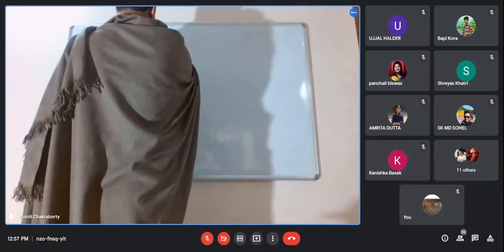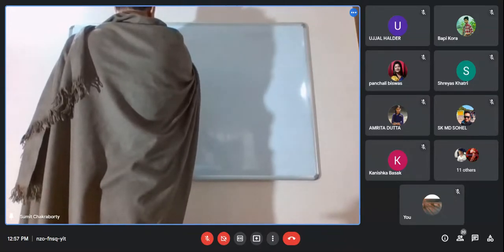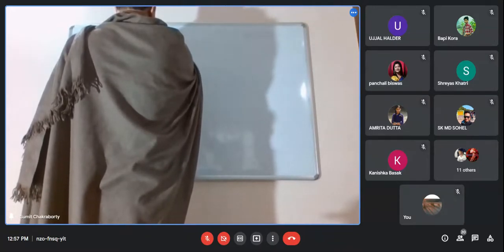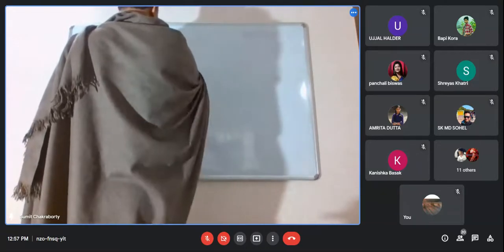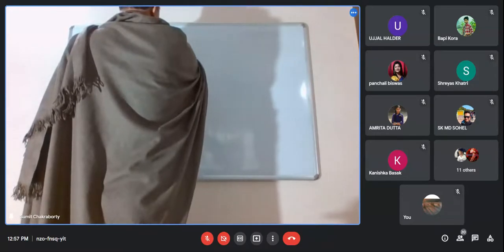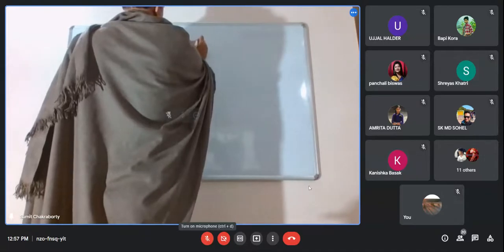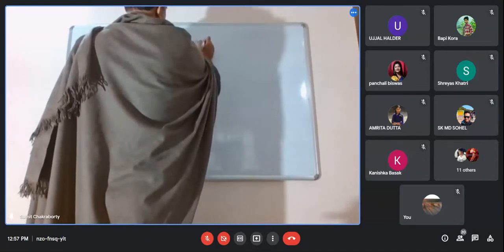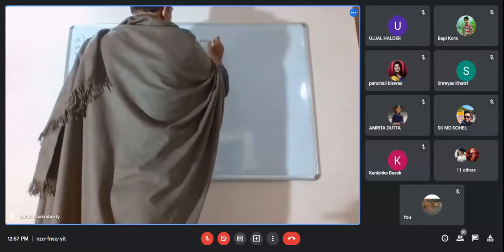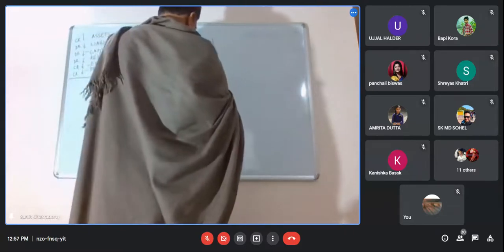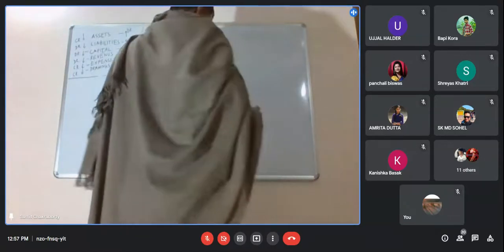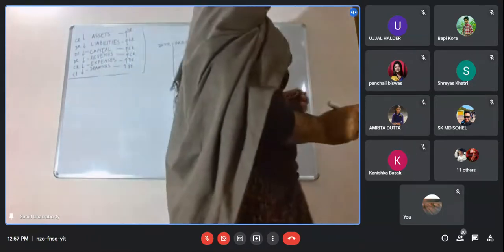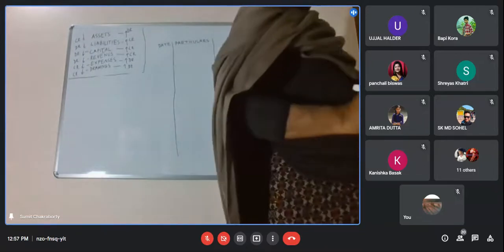Date, particulars, is it a ledger folio or is it a journal folio? What are you preparing?